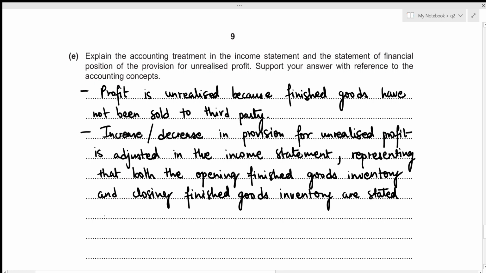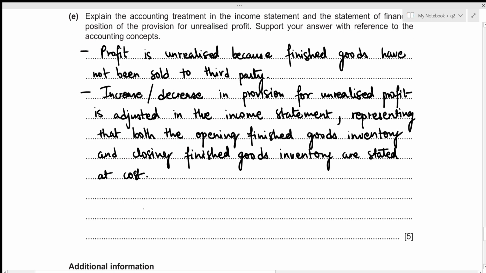at cost. Then in case of the statement of financial position, the provision for unrealized profit is deducted from the transfer value of finished goods inventory in order to reflect the cost of the finished goods inventory. Let's write it down as well.